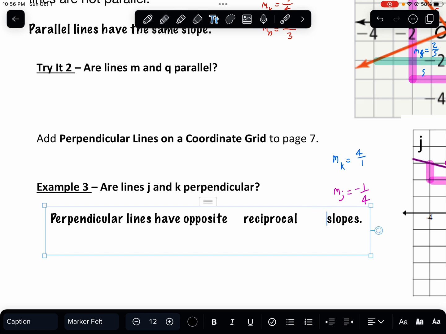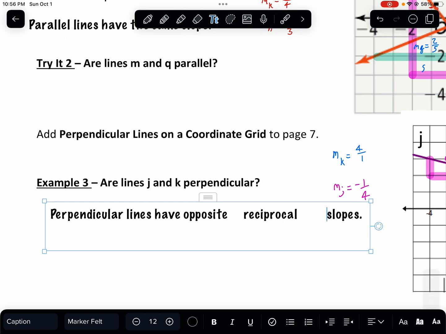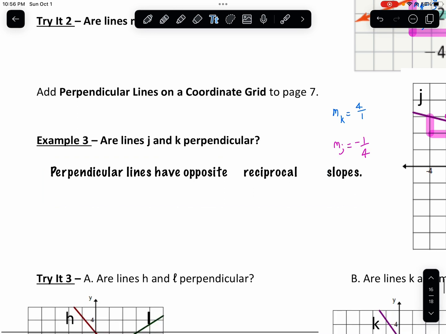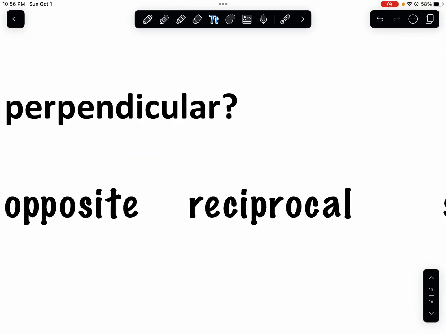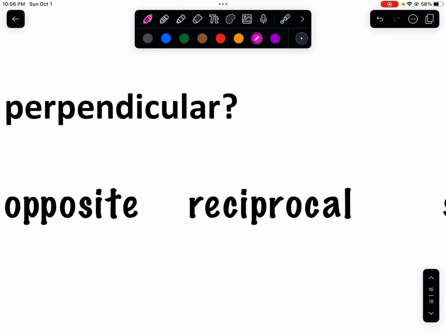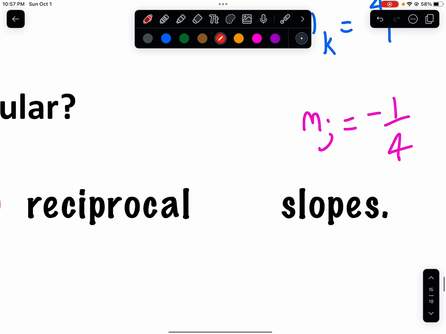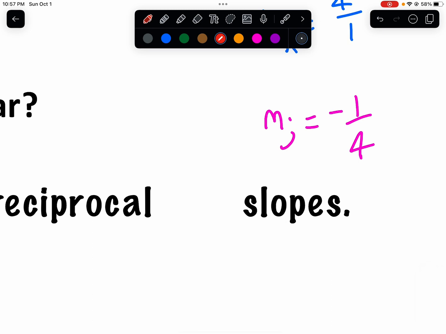Most students don't know what those two statements mean, so let's go ahead and put something with them. Opposite simply means negative, okay? So if you're thinking about opposite, look for one negative and one positive. Reciprocal means flipped fractions, okay?